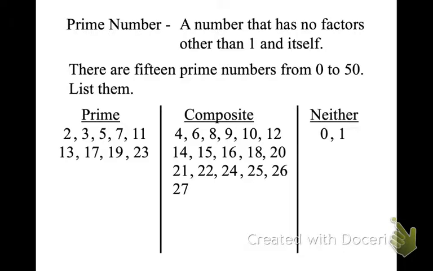All these numbers are divisible by more than just 1 and itself. 28 is composite, 29 is prime.